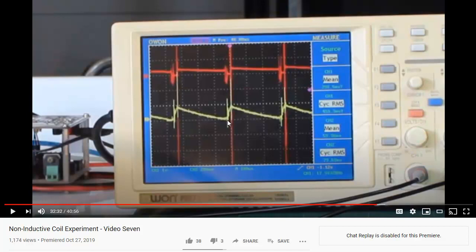So what happens, the input coil switches on, it brings the voltage up. Now the conduction of the diodes occurs, and all of this steep decay time here is output.